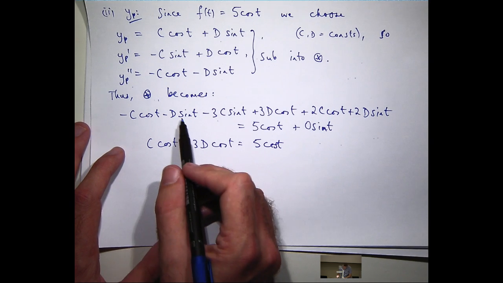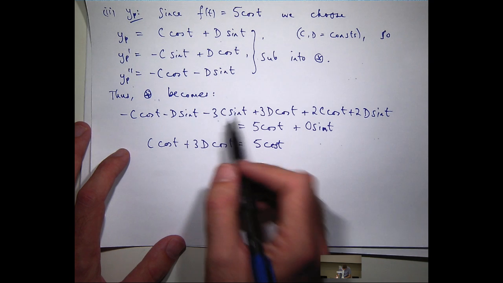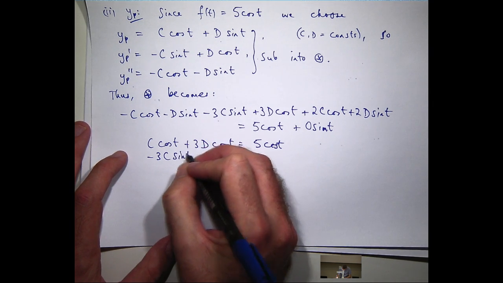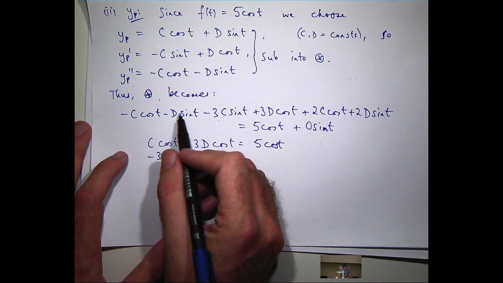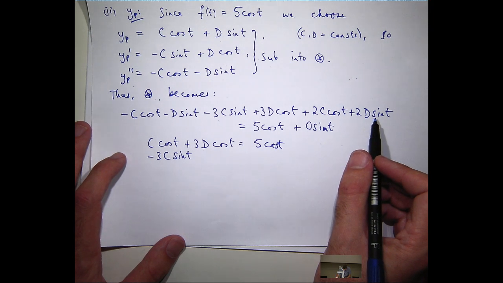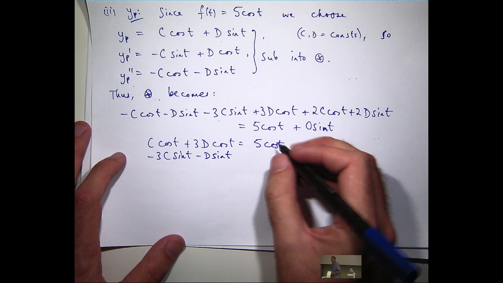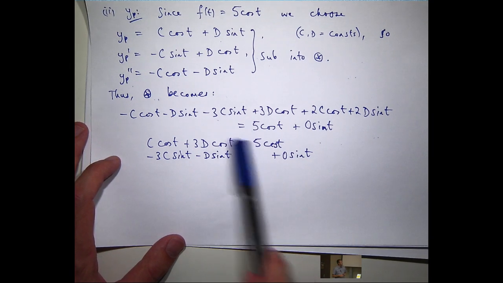As far as the sines go, I've got 2. Have I got any C's there? Yes, I've got minus 3 sine t. And I've got that and that. So that's going to give me minus D sine t. Okay, so this is all one equation down here.